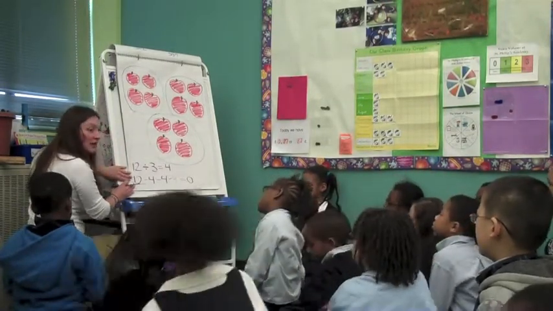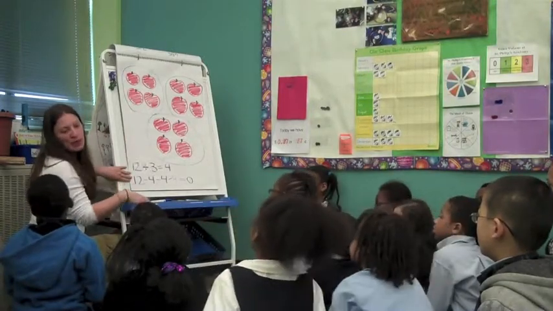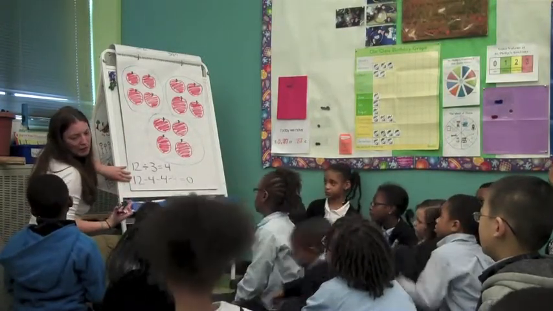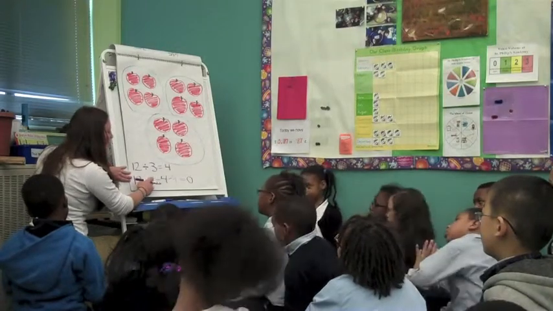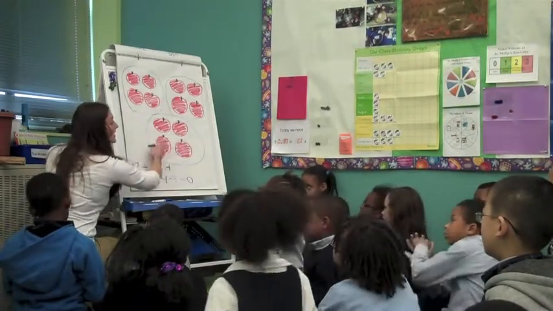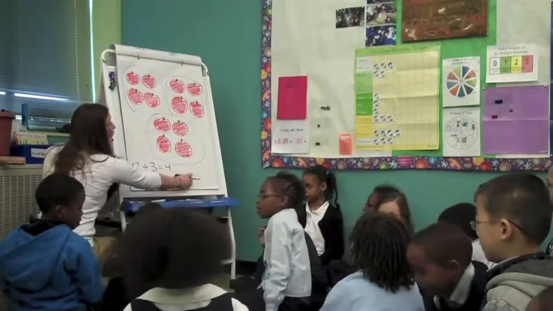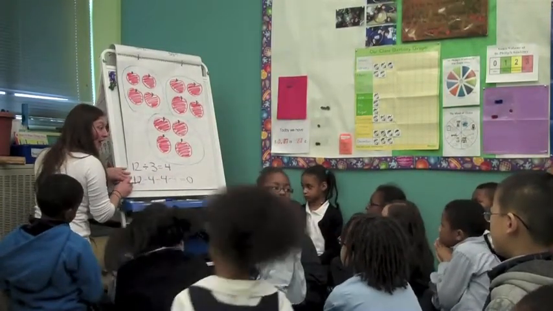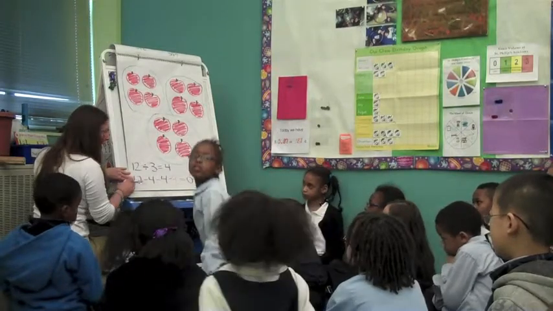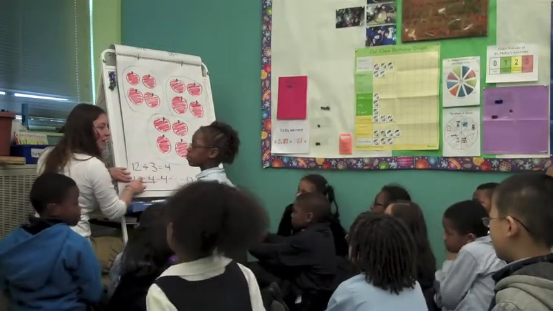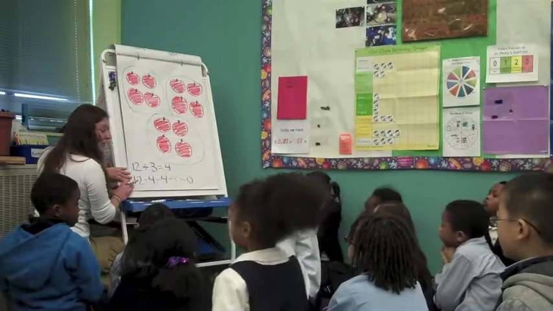When you're doing the repeated subtraction, you start with the number you begin with, which was 12. And then you continue to take away how many are inside the group until you're left with 0. So there is no 3 in this problem, right? The number 3 is not a part of this subtraction problem.